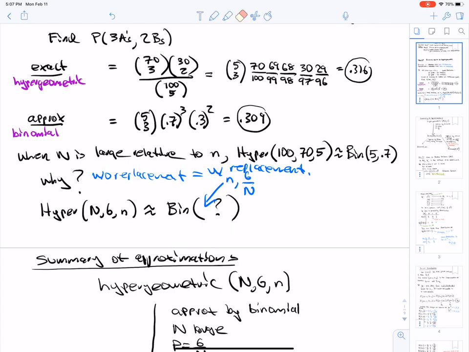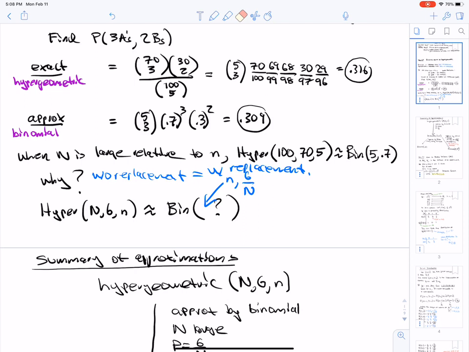And to be specific, hypergeometric N, G, n is approximately binomial n, G over N. The reason is because without replacement becomes very close to with replacement when the population size is large and your sample size is small, because when your population is big and your sample size is small, it's very unlikely that you would draw the same ticket twice, right?